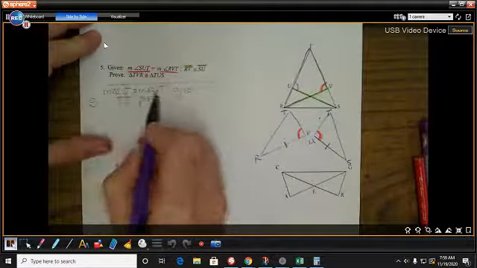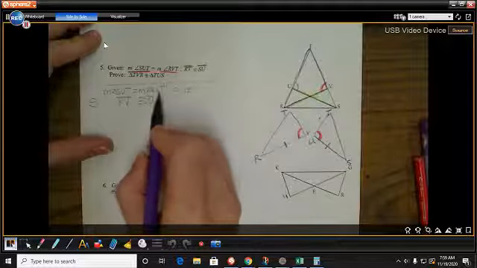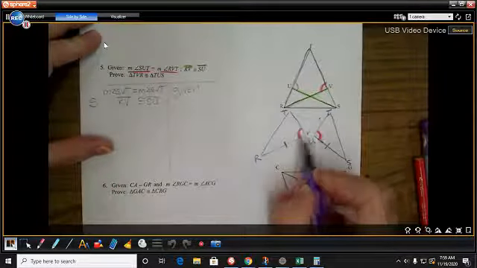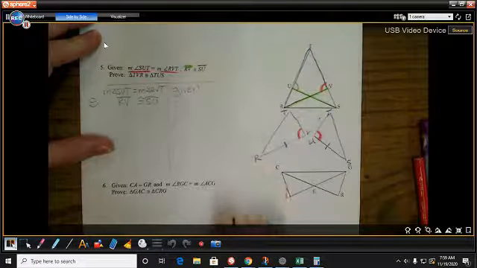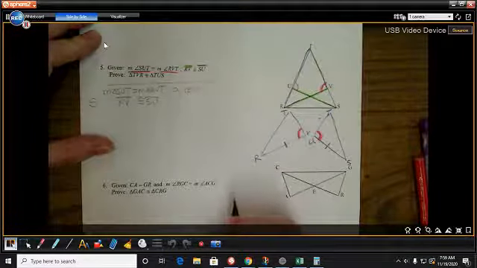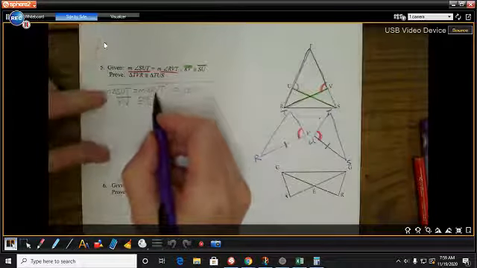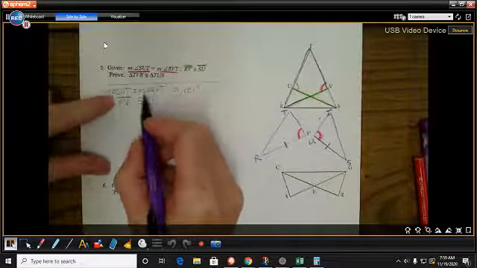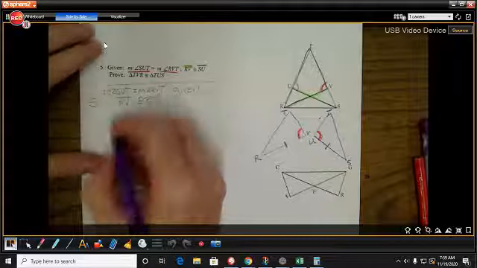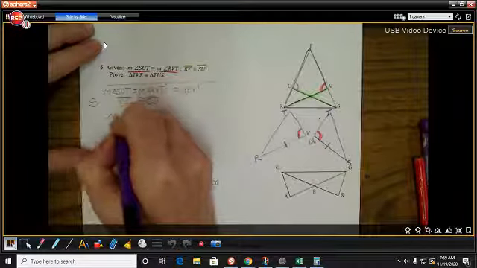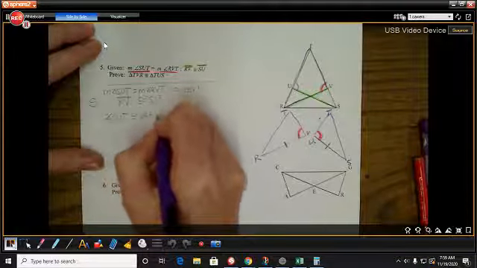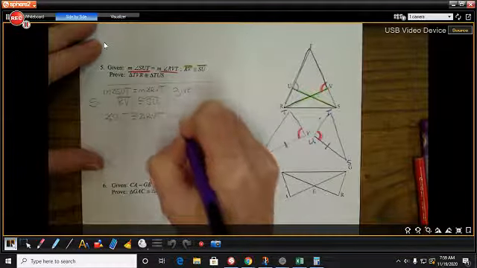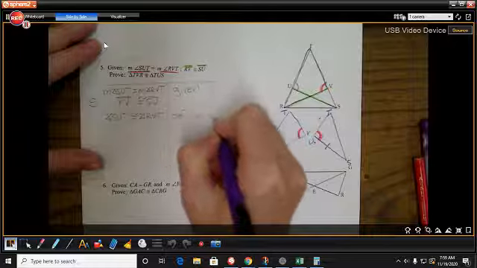Now, I got all excited that the measure of SUT equaled the measure of angle RVT and that those were these red ones. But remember, I can't prove the triangles congruent unless the angles are congruent. So I'm going to have to take another step and say if these measures are equal, then I can say that angle SUT is congruent to angle RVT using the definition of congruent.